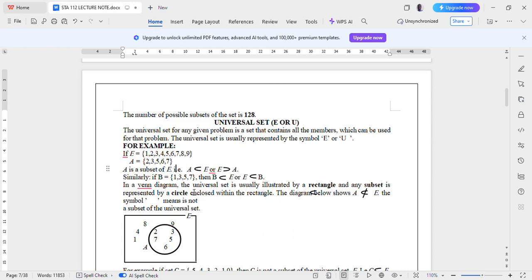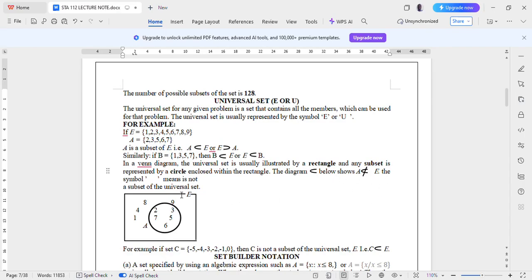In a Venn diagram, the universal set is usually represented by a rectangle, and any subset is represented by a circle enclosed within the rectangle. So the diagram below shows that A... okay, the symbol means it's not.